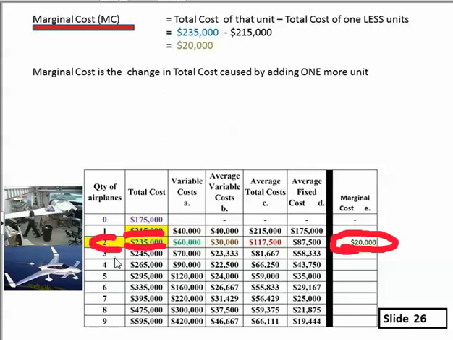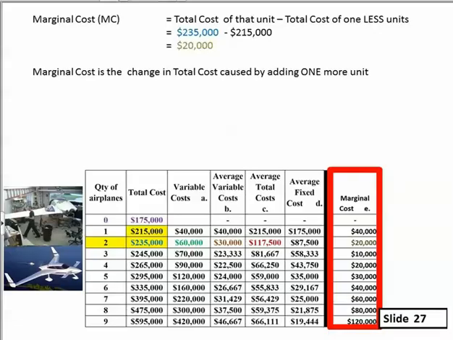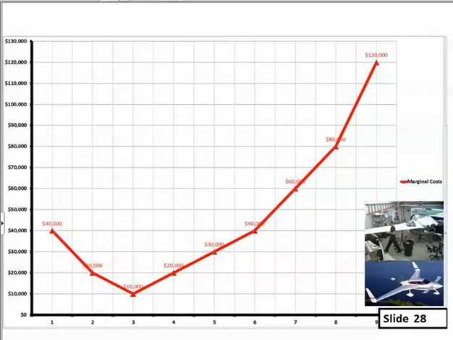So that's our marginal cost, and again, it's the change in total cost caused by adding one more unit. Once again, we can fill in the rest of the column, and then we can show the plot for the marginal cost. One of the reasons marginal cost is so important is that it is the additional cost of that next unit, the difference in total cost caused by producing that next unit.